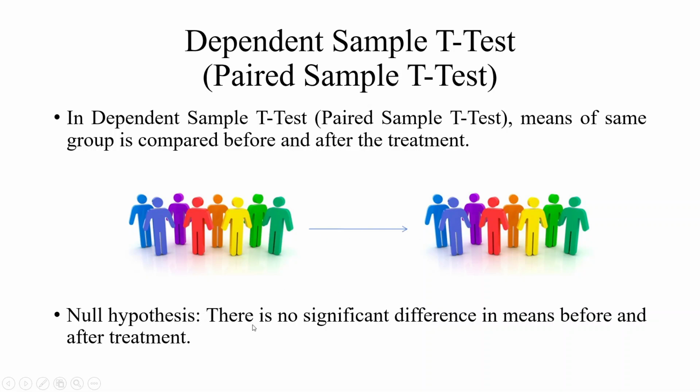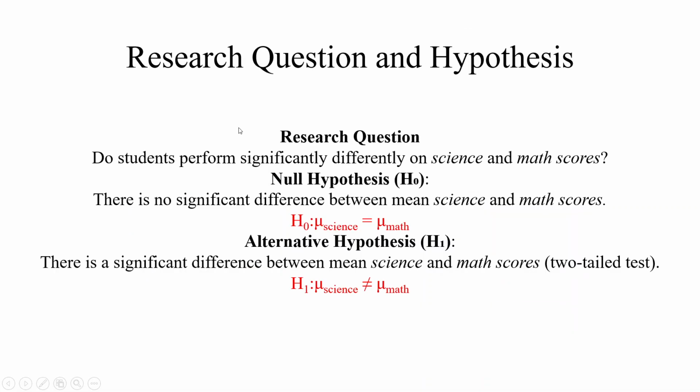The null hypothesis is there is no significant difference in means before and after the treatment. Research question and hypothesis: do students perform significantly different on science and math scores? Null is there is no significant difference between science and math scores.